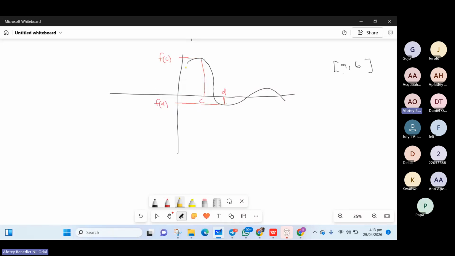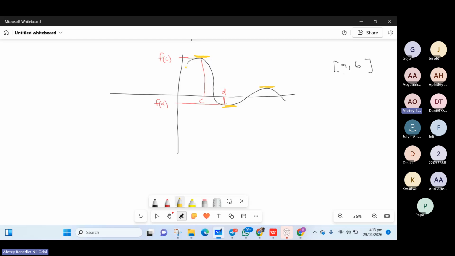We can see that this is a maximum value. This is also a maximum value because the function is rising in this interval. This you can see is a minimum value, but an absolute maximum means among all the maximum values that we have, this is the highest.